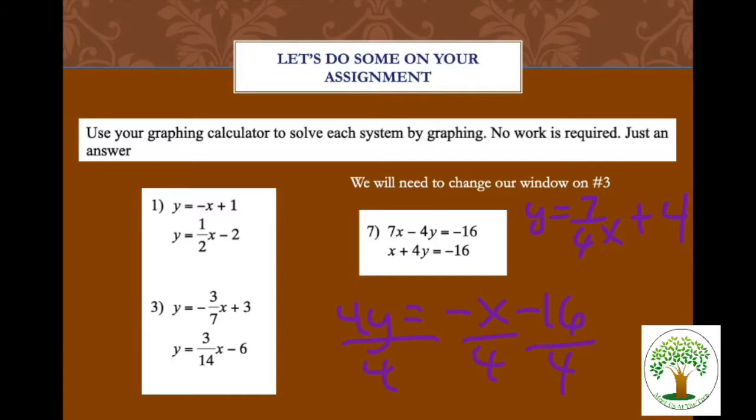And I'll have y equals negative 1/4 x minus 4. Let's put this out of there. I can't have room for that minus 4, so we're going to scoot it over a little here and put my minus 4. All right, let's graph those on the calculator now.